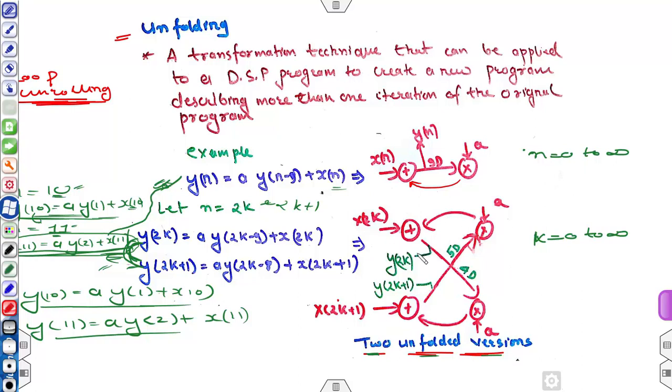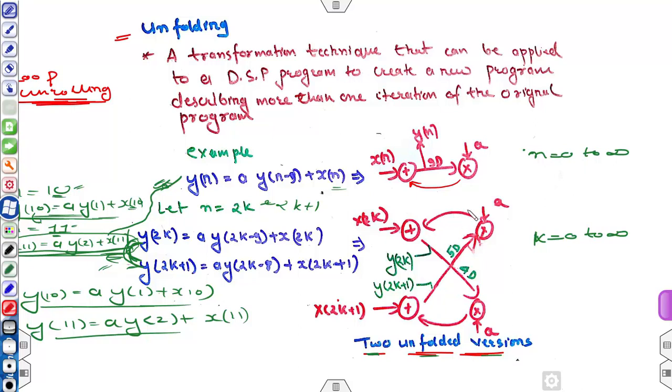So y[2k] is x[2k] plus the other term, so x[2k] is coming from this source, and the second factor is a·y[2k-9]. So the second signal is coming from this point.